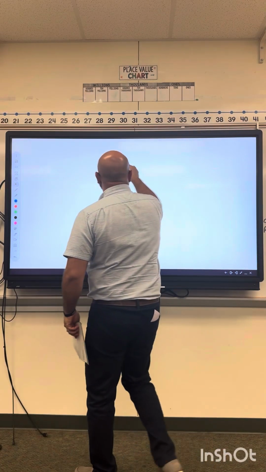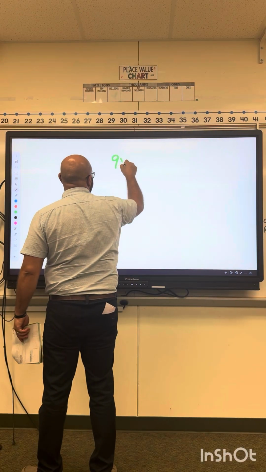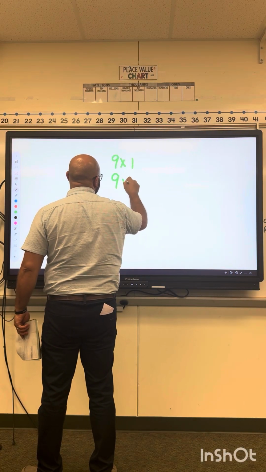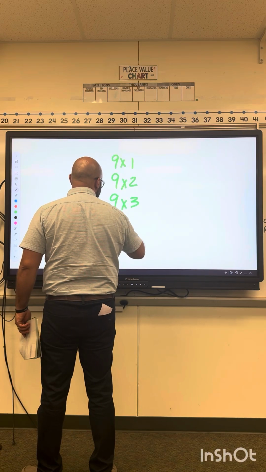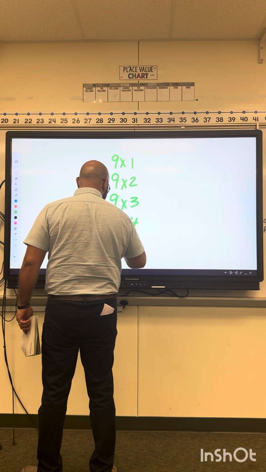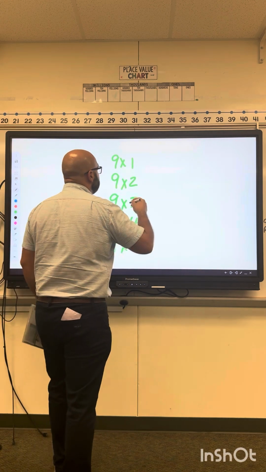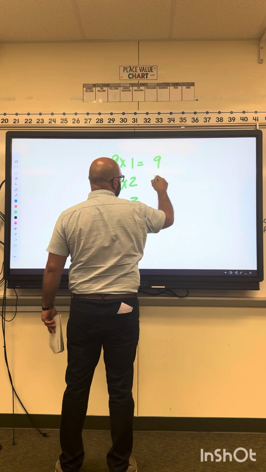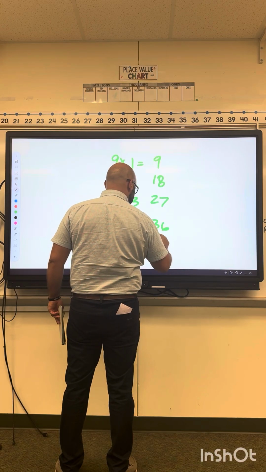I'm going to show you what Mr. J is talking about here. If you go down your 9 times tables, this is a pattern that they notice and could use to recognize whether an answer is correct or not. Let's say we have our 9 times tables to 5. This equals 9, 18, 27, 36, and 45.